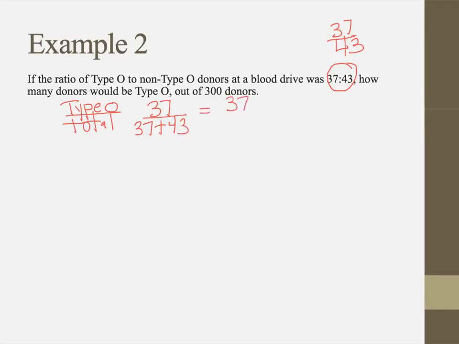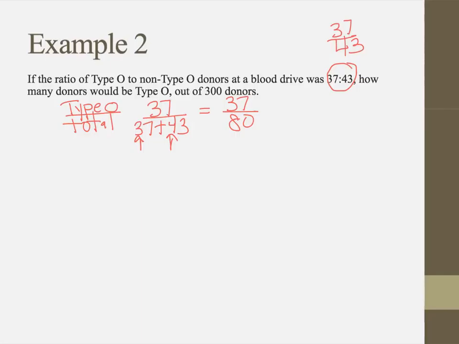So we actually have 37 over 80, okay? That's our type O to total. Over here, I combined the type O and the non-type O to get the 80.